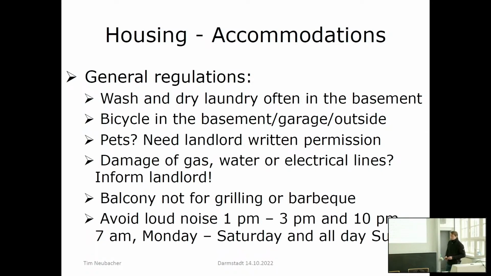On the other hand, you're not responsible for repair work for several things on your own. So if there's a problem with your gas line, probably leave the flat directly. And afterwards, call your landlord, right? So water, electrical lines, gas, and whatsoever, some major things in your flat, and inform the landlord. He or she is responsible for the repair.